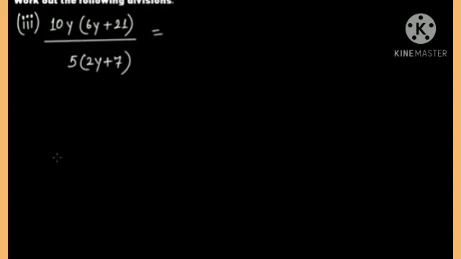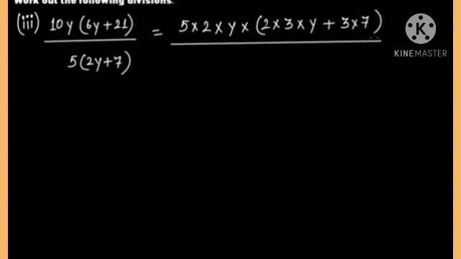So this is equal to 10, let's write it as 5 multiplied by 2 multiplied by y, and this is multiplied by, write it as 2 multiplied by 3 multiplied by y plus 3 multiplied by 7, and from this you get 5 multiplied by 2y plus 7.